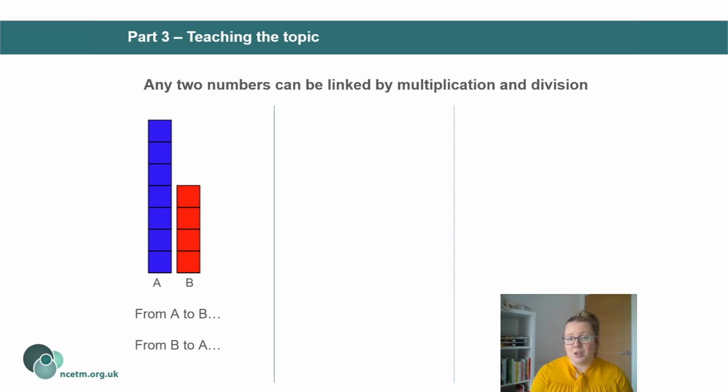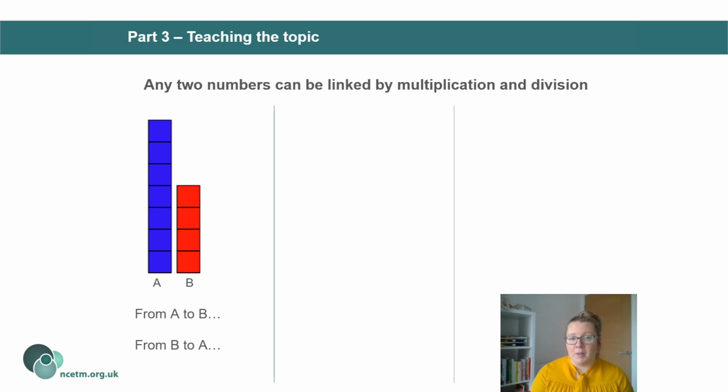I might later show them relationships where we can be more efficient, for example, looking at things like 6 and 4. But here I want to really have that focus on the fact that 7 of the 4 boxes that make B make A, and 4 of the 7 boxes in A make B. Or to put that more simply, if I break B down to 1 box by dividing by 4, I can then multiply up by 7 to get A.